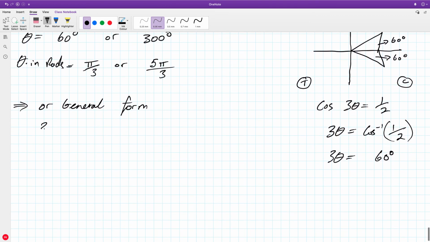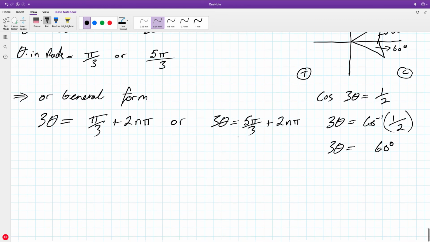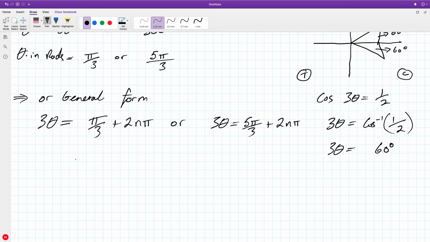So we know that 3 theta is equal to pi over 3 plus 2n pi, or 3 theta is equal to 5 pi over 3 plus 2n pi. So we're not looking obviously for 3 theta, we're looking for theta. So we divide by 3. Theta is equal to, divide pi over 3 by 3, we get pi over 9 plus 2n pi over 3.